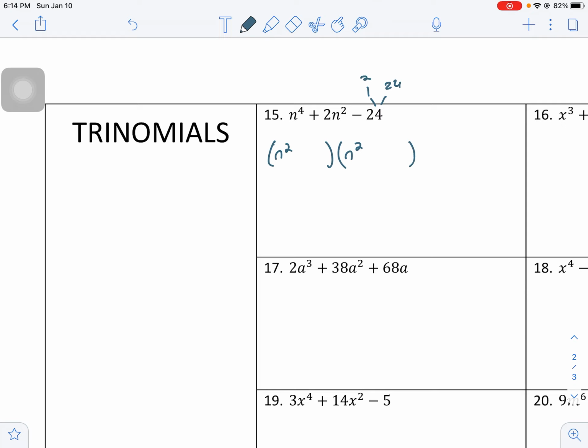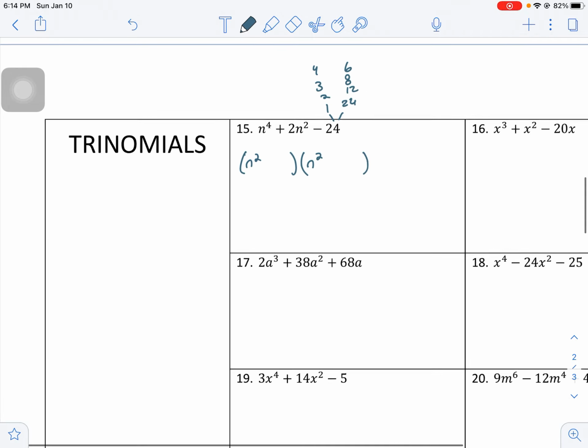Factors of 24 are 1 and 24, 2 and 12, 3 and, is that 6? No, 3 and 8, and then 4 and 6. We need 2 in the middle. Signs are opposite, so plus and minus because of that minus sign at the end.